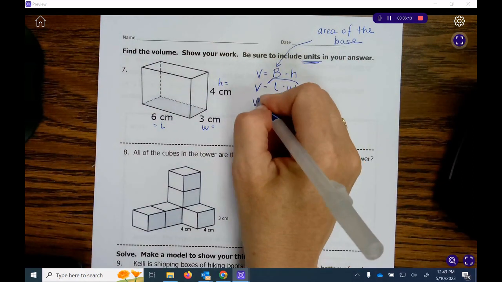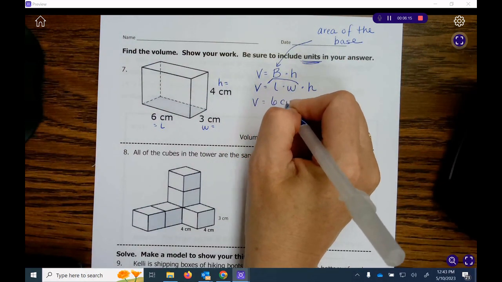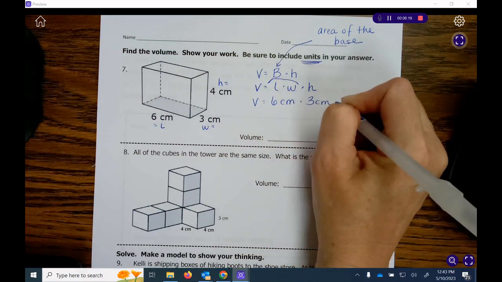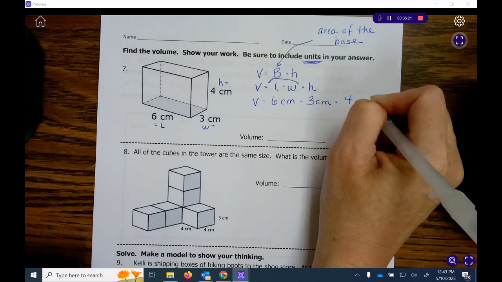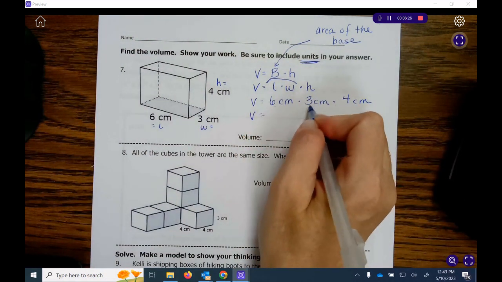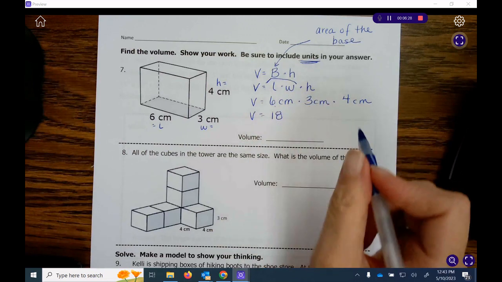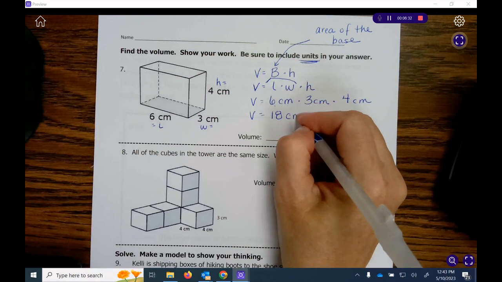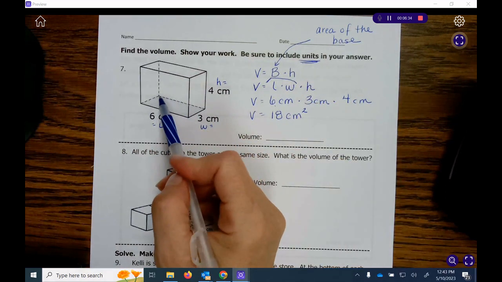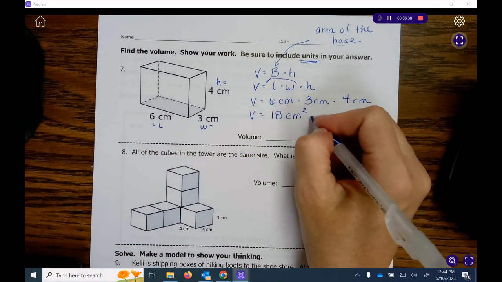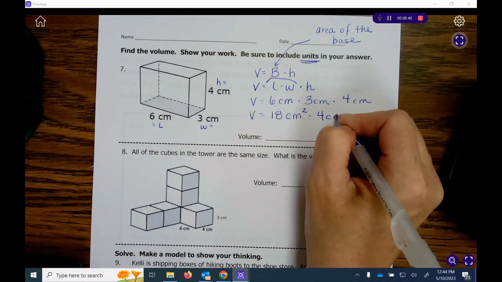So we have volume equals 6 centimeters times 3 centimeters times 4 centimeters. So volume equals 6 times 3 is 18. And when I multiply centimeters times centimeters, I get centimeters squared, because that's the area of the base, and area is a squared unit, times 4 centimeters.